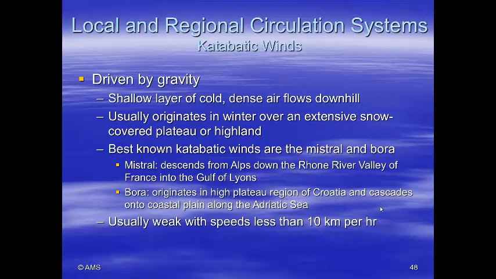The mistral descends from the Alps down the Rhône River valley of France into the Gulf of Lyons. And the bora originates in the high plateau of Croatia and cascades onto the coastal plains along the Adriatic Sea. These are usually weak with speeds less than 10 kilometers per hour.